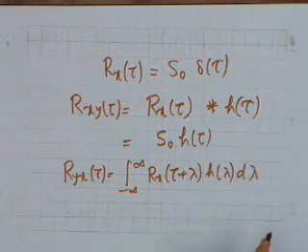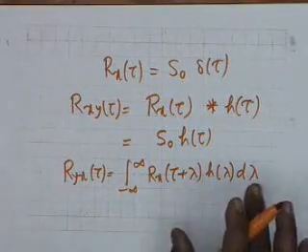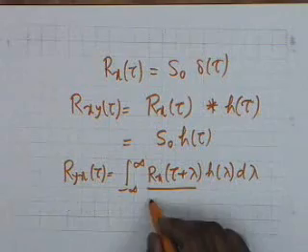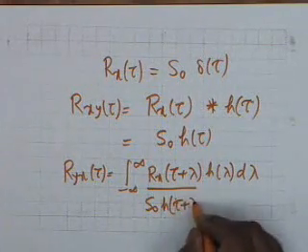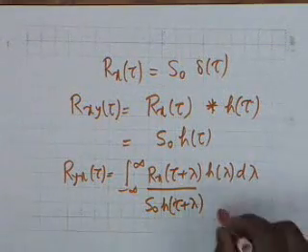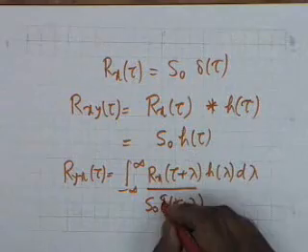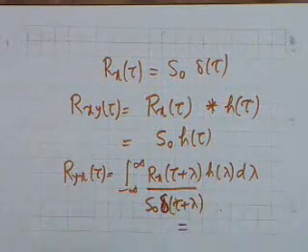We resist the temptation of equating this to a convolution. We will keep it as it is. Now, Rx(tau plus lambda) is S0 times delta(tau plus lambda), alright. Then what would be the value of the integral?